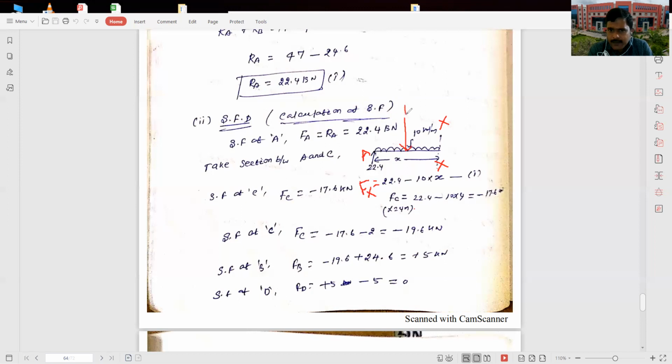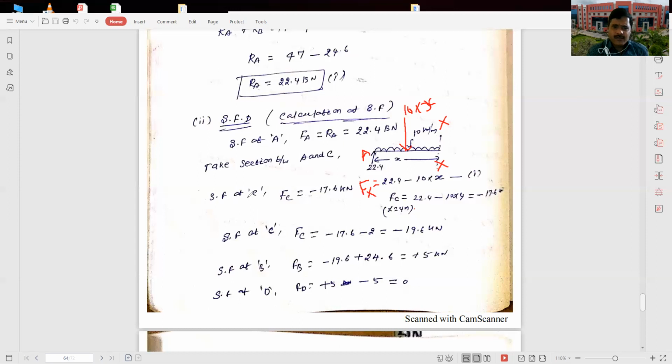Therefore, 10 into distance X. So 10 into X is acting like a point load, downward, minus 10 into X. Therefore here 22.4 upward minus 10 into X downward. So this is the Fx equation.